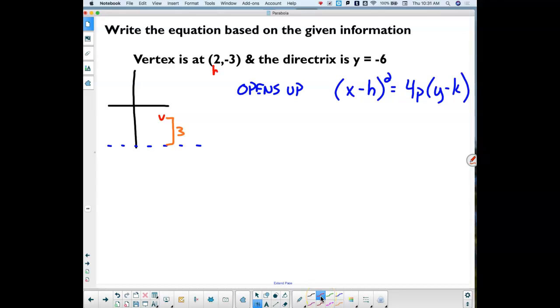This is h. This is k. So my equation of this parabola is x minus 2 quantity squared equals 12 times the quantity y plus 3. Questions on that one?